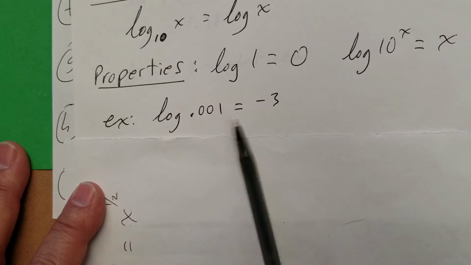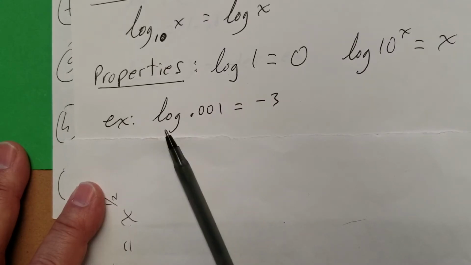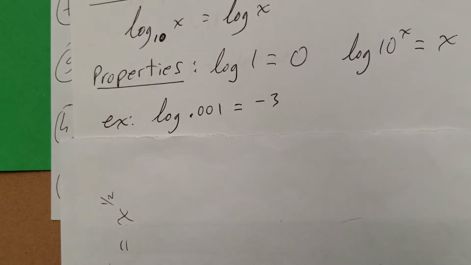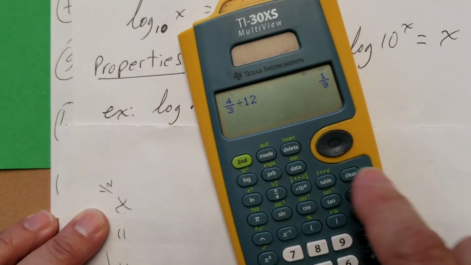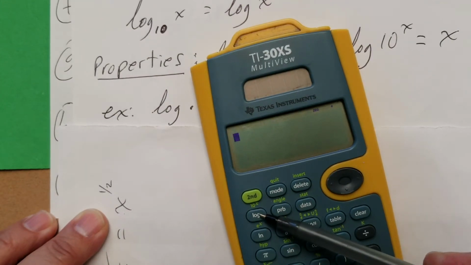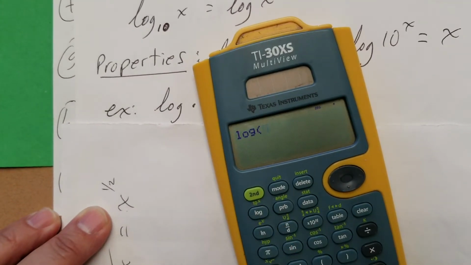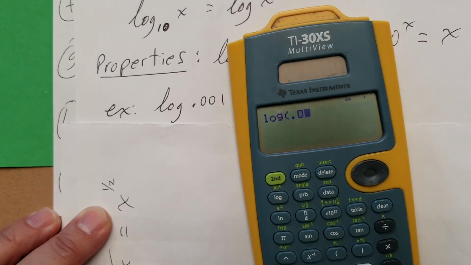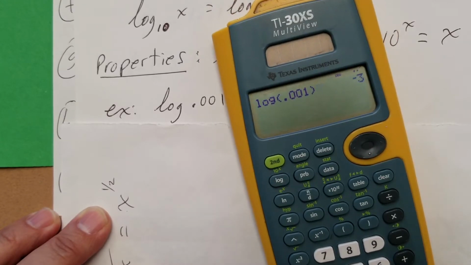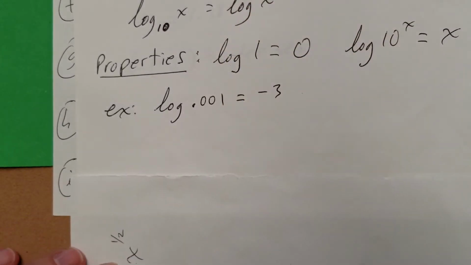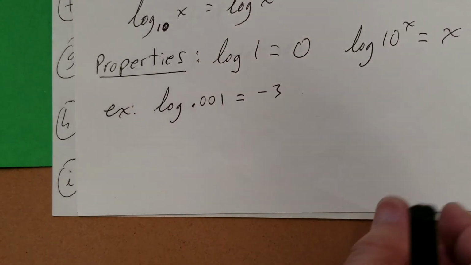But you don't even have to think about that. Use the calculator. The log button on the calculator is right there. So log, it's asking you log of what? 0.001, and just hit enter, right? So that part is easy.